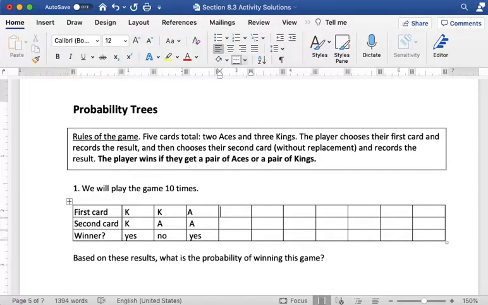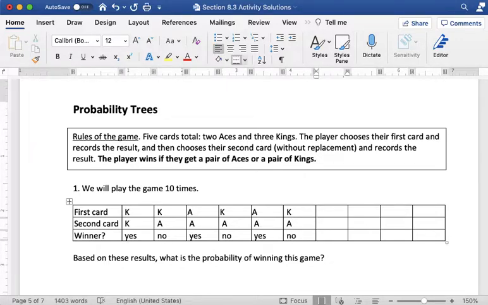My fourth time was king and ace again, so that is not a win. And my fifth was ace and ace again, so that's a yes. And then I got king and ace again, so that's a no.